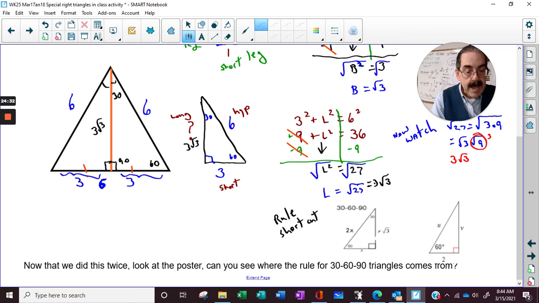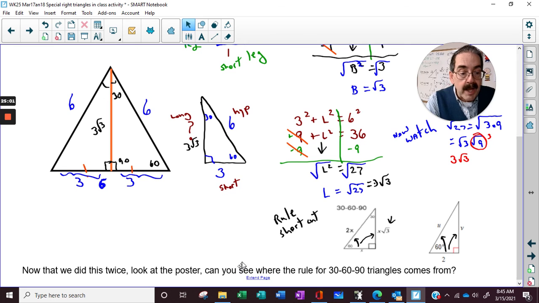Okay? Now, in class, discuss. Multiply by radical 3. Double. Okay, now, if this is all we get done in class today, there's nothing wrong with that, because I need you all to understand that if we multiply going this way, then we have to divide when we go the other way.